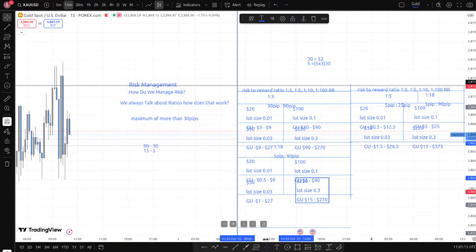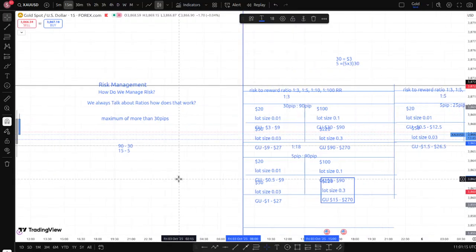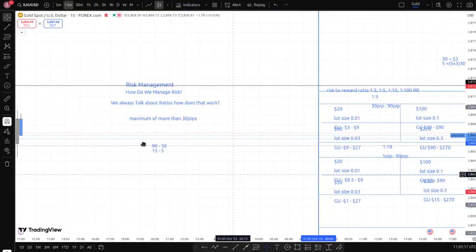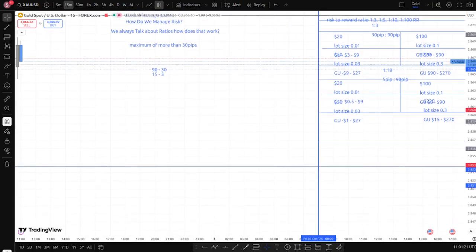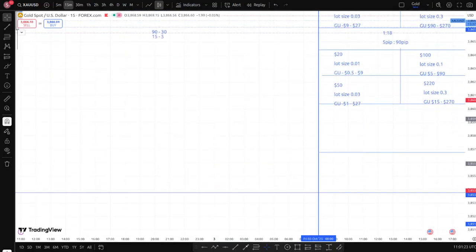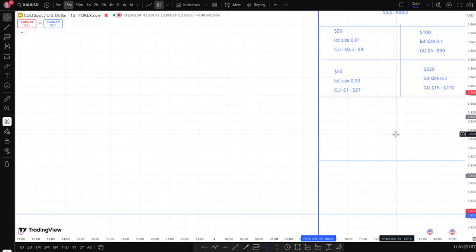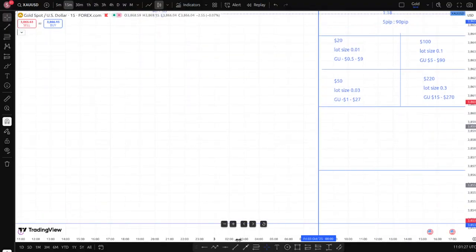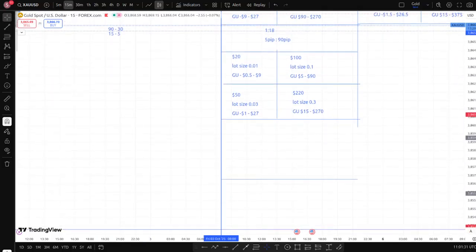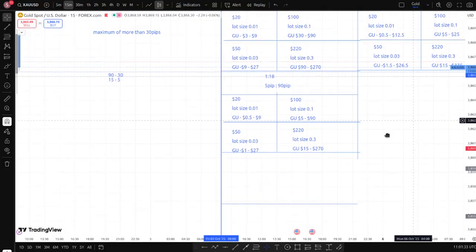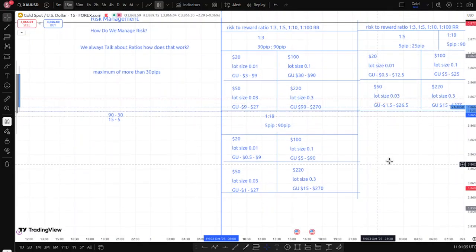Turudi hapa kwa hii nini yetu. Nataka muone vile trading ni rahisi ukiingiza mathematics ndani. Si mathematics mingi, mathematics kidogo.